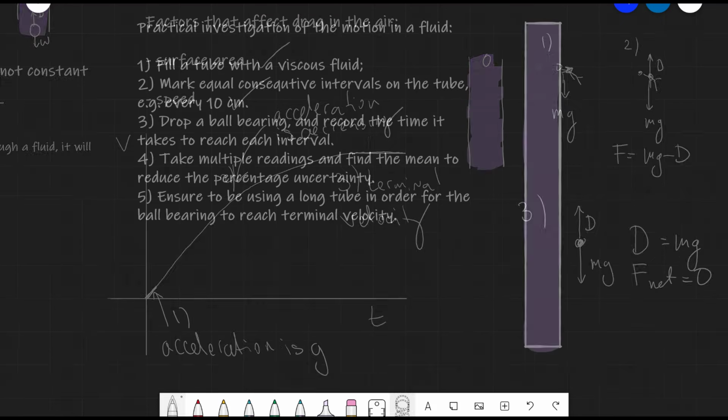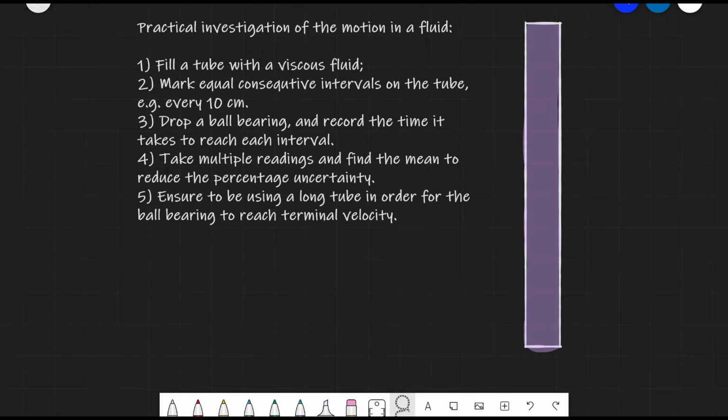Let's have a look at some practical skills with regards to the investigation of the motion of, let's say, a ball bearing in a fluid. So first off, we need to fill a tube with a viscous fluid. Then we could drop a ball bearing, so we can just draw one over here. Now, as we're dropping our ball bearing, what we need to do is we need to mark consecutive equal intervals on the tube.